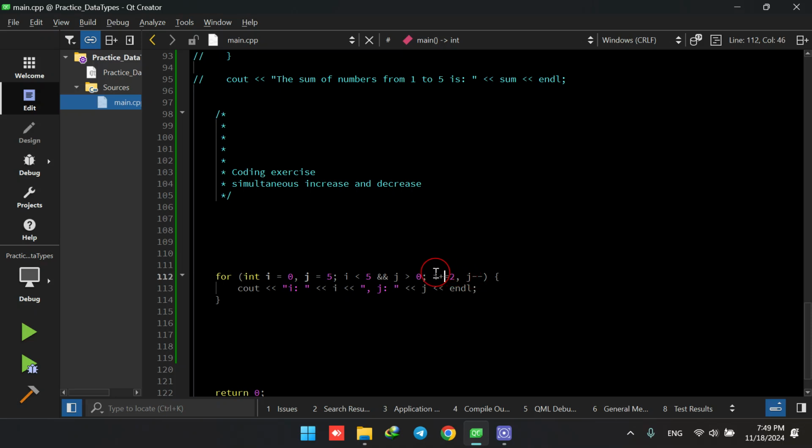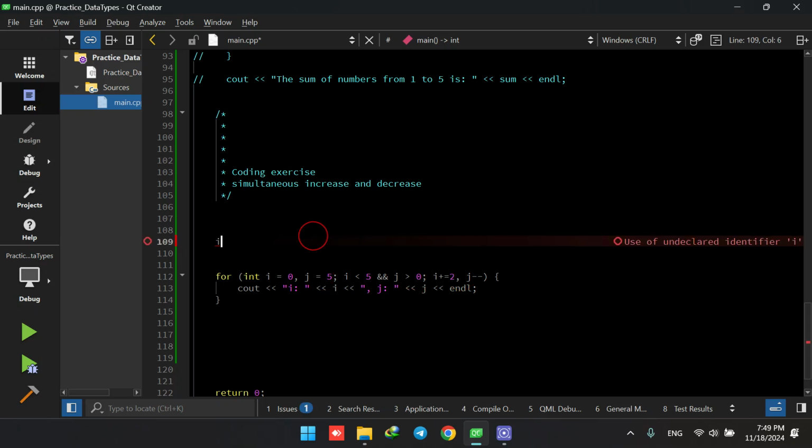Here we learned that we can do it so that in each iteration it increases the value of i two times. So this i plus equals 2 is exactly like the one that we learned before, something like i equals i plus 2.